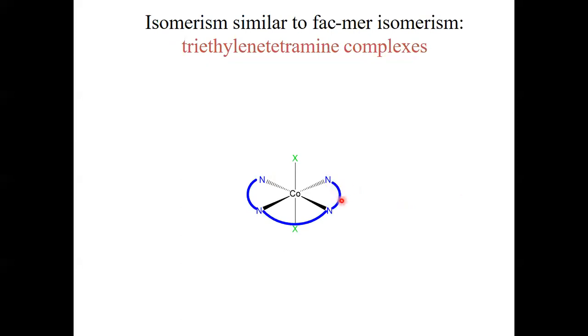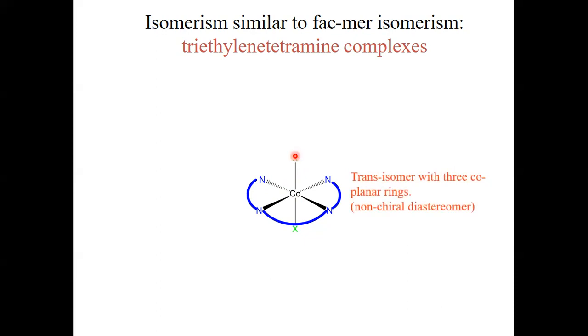This is the first ring here. This is the second ring here. And this ring here is the third ring. So you see all rings are coplanar, and the remaining ligands, in this case just generic ligands X, are in opposite positions here.